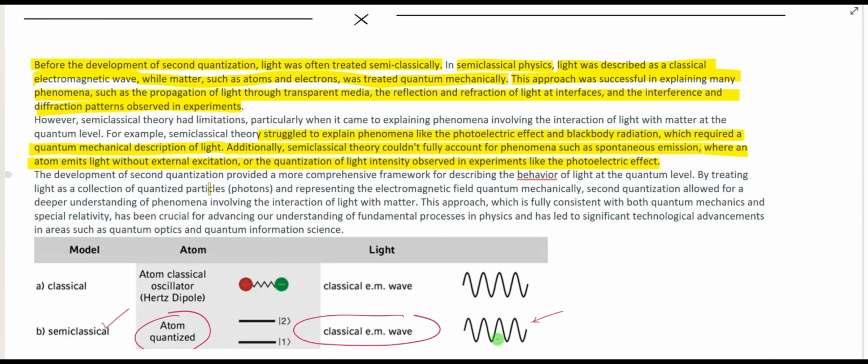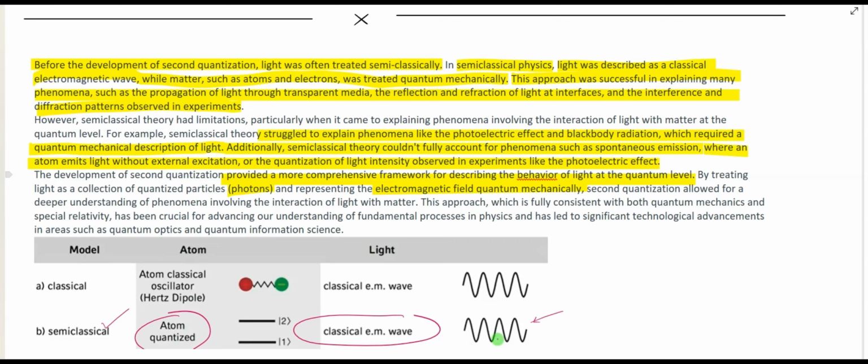Now, when second quantization was developed, it provided a more comprehensive framework for describing the behavior of light at the quantum level. By treating light as a collection of quantized particles, also called photons, and representing the electromagnetic field quantum mechanically, second quantization allowed for a deeper understanding of phenomena which involved interaction of light with matter.